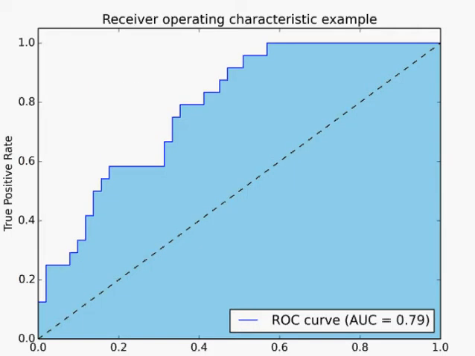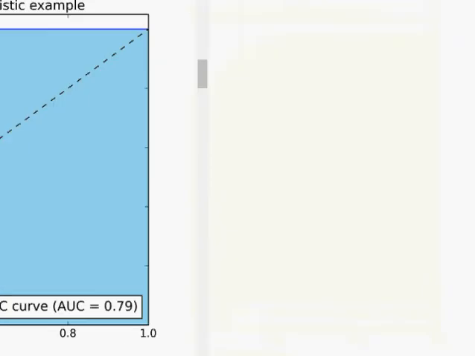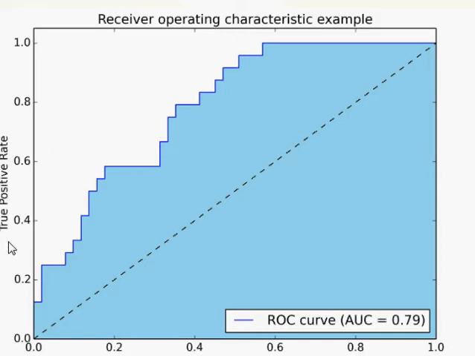We can look at an example here. We have the true positive rate here, the false positive rate down here, and the area under the curve, or sometimes you'll see it as receiver operating characteristic curve.